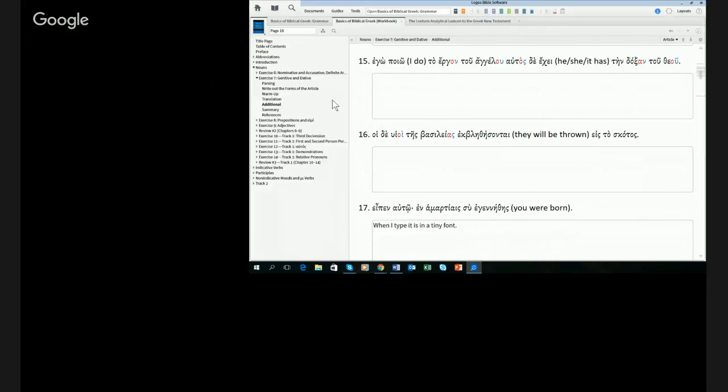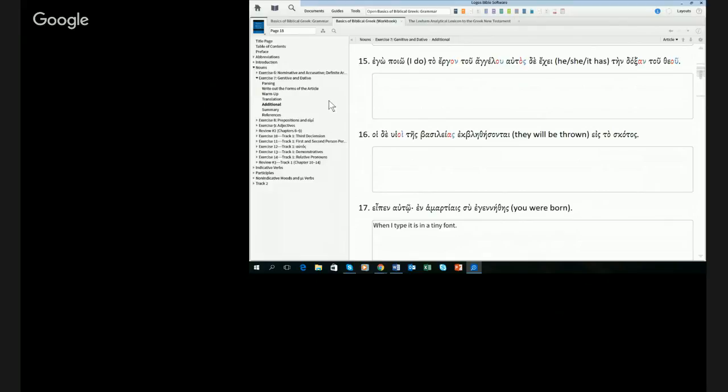Sorry, if it's masculine, it'll always be accusative. The article to is neuter. Hope you've memorized that. To is neuter. There'd be a nu on the end if it was masculine. So to ergon is the work, and it can be nominative or accusative.